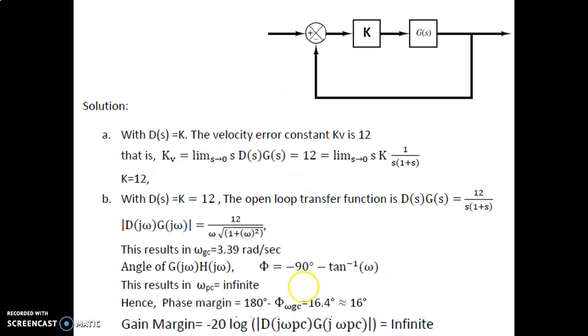To do that, we start by considering D(s) equal to K, keeping the plant transfer function as it is. We know the velocity error constant required is 12.